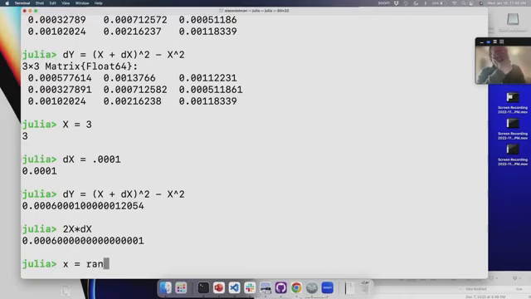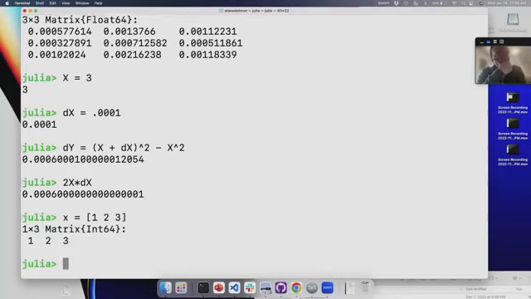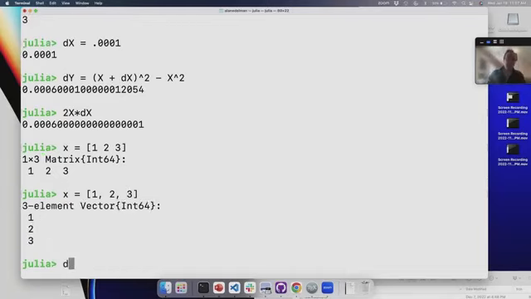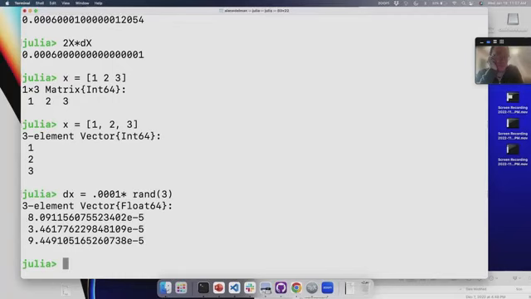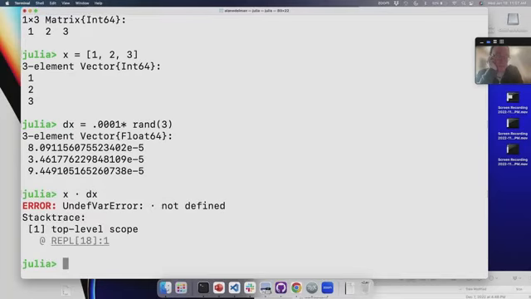So let's say x is 1, 2, 3. Actually, let's put it with commas. And dx is 0.001 times rand of 3. I think if I did it this way, you'd all believe it. Can I do dot in base? Let's see, maybe, maybe not. Not defined.